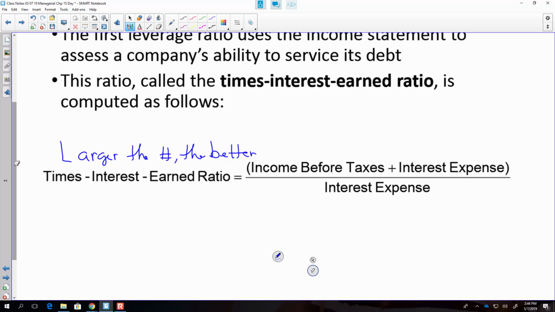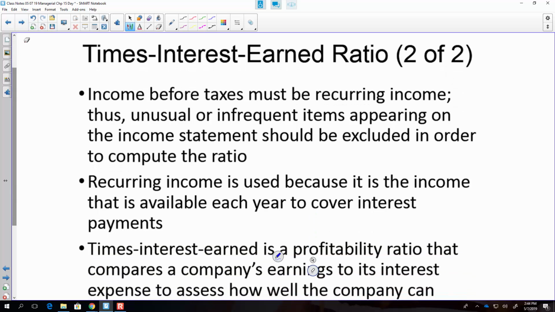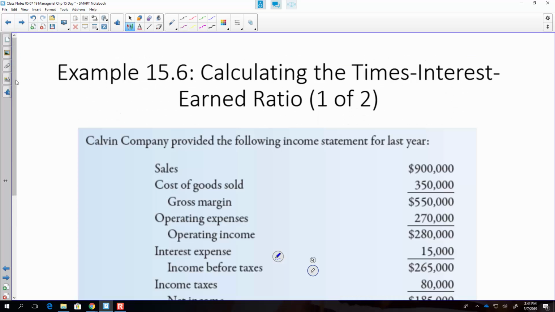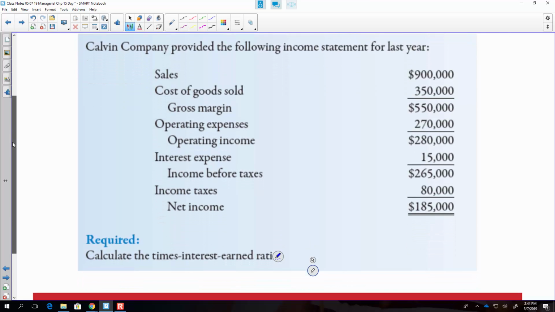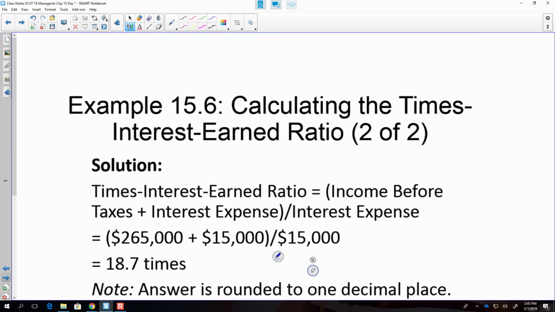I have the ability to pay back the bank if I have to take out more debt from the bank. So the larger the number, the better. The example is 6 in this case. We're looking at the income before taxes right here. Here's my interest expense. So those two numbers are what we're going to use for this times interest earned.